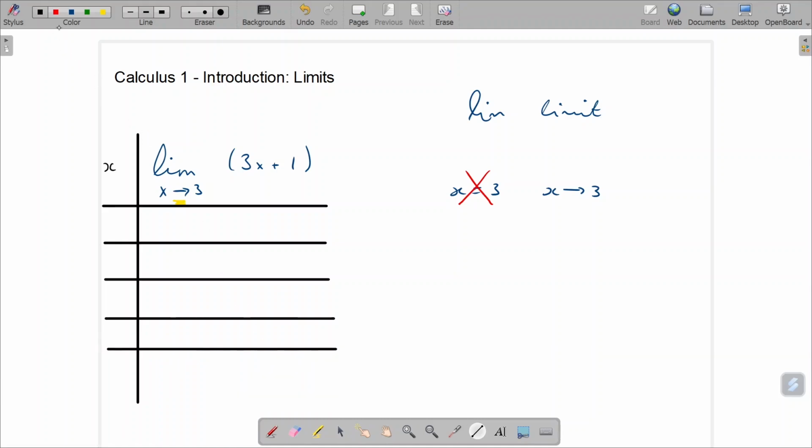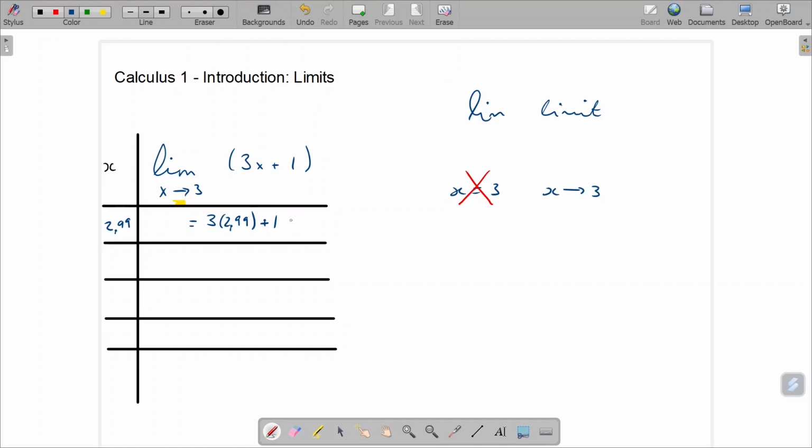Now, I'm going to let x equal 2.99. So we're going to say, this is equal to 3 times 2.99 plus 1. How is this different to anything else you've done up to now? Not much at all. And that's one of the points I'd like to make here.